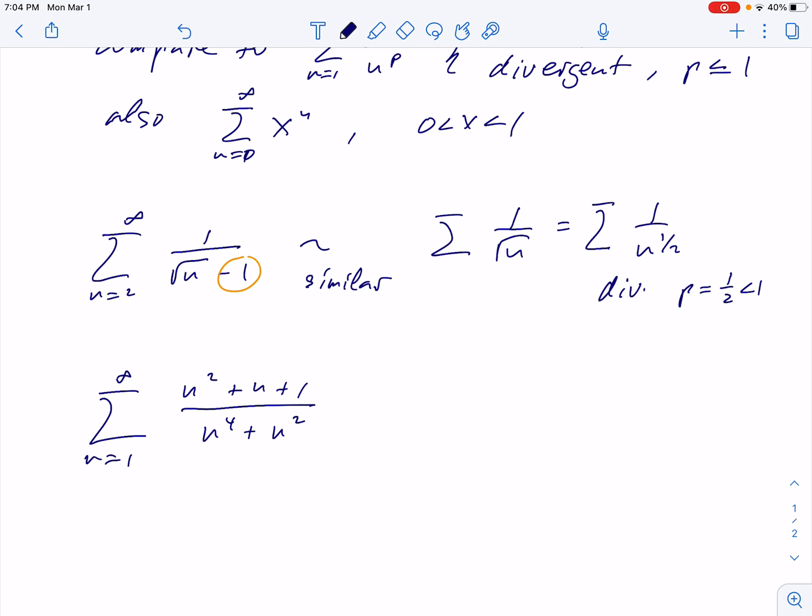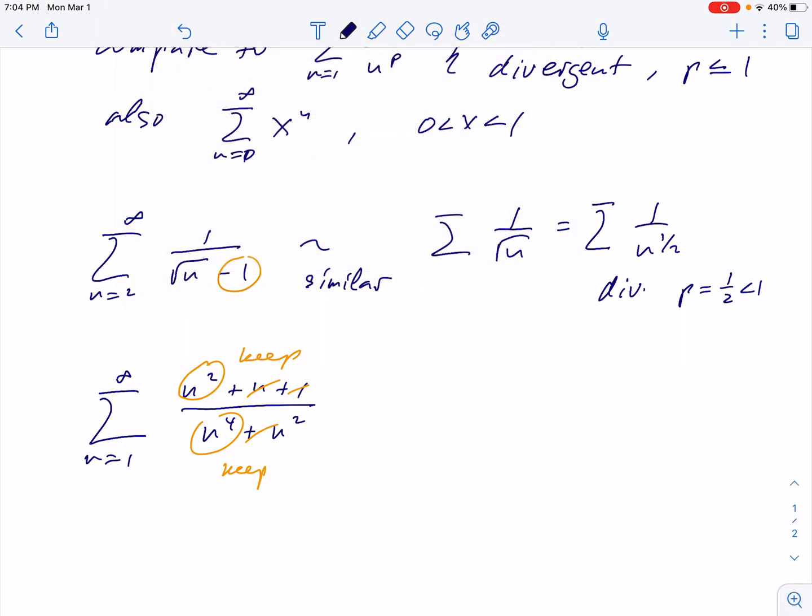The largest power is n 4th power. It will dominate n squared. And from top and bottom, I shall drop the terms with smaller powers. I shall keep just the terms with largest powers. So here on the top, I keep n squared. And below, I keep n 4th power. And all the others I just cross out.